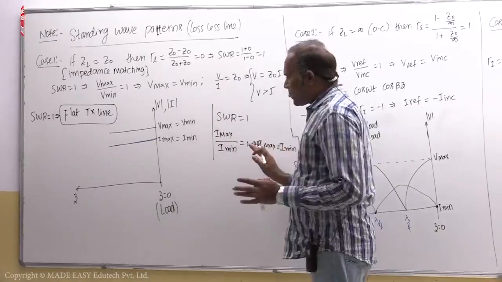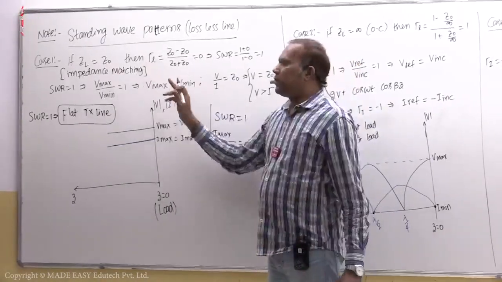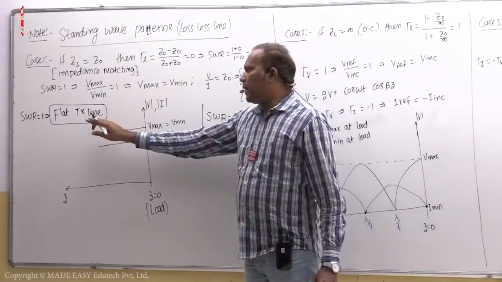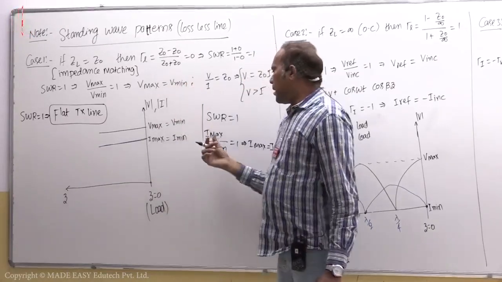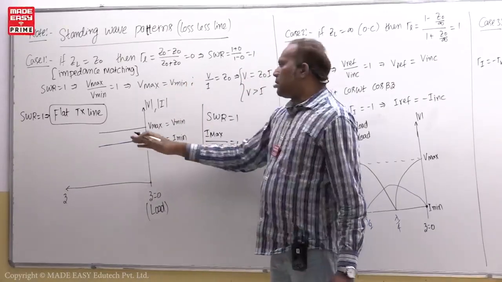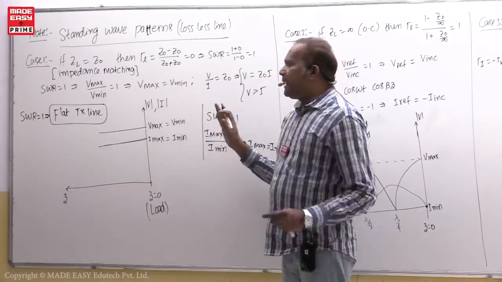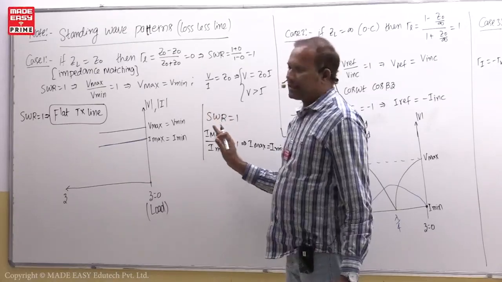So ultimately here, what is the conclusion for examination? For examination, the conclusion is if ZL is equal to Z0, then SWR is equal to 1. It is called a flat transmission line. In this case, V maximum is equal to V minimum, I maximum is equal to I minimum. So it is called a flat transmission line, and standing wave is not there on this. Pure traveling wave is there in this case.